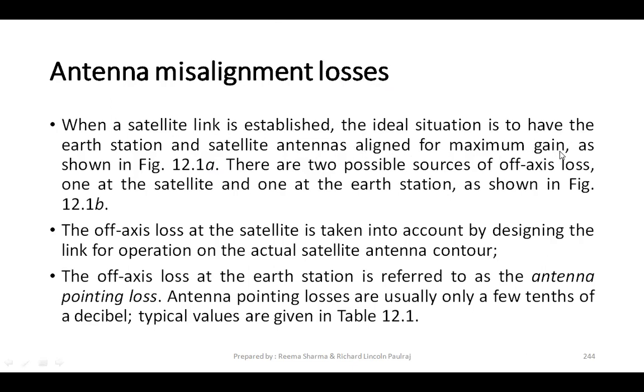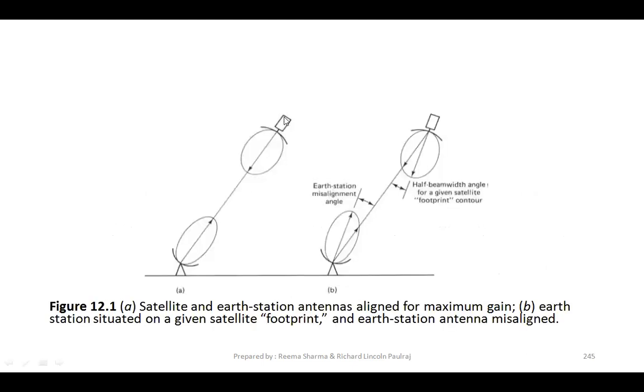Your earth station and your satellite should be aligned straight. I'll show you the figure. If you consider this as your earth station and this as your satellite, they should be aligned straight. If they are aligned straight, there's going to be less loss.